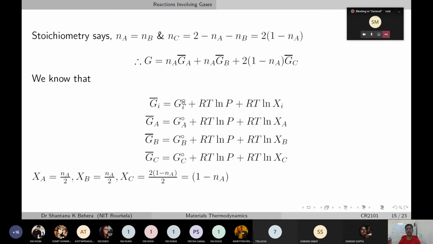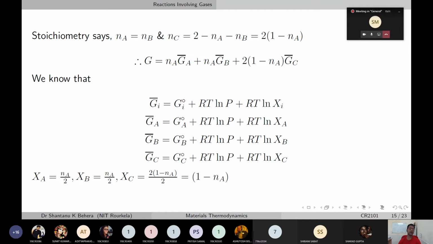Gi bar is Gi0, which is the standard unmixed state, plus the mixture term, RT ln pi. Here Gi0 plus RT ln small pi, that's the formula, and small pi is nothing but the total pressure times the mole fraction, RT ln Xi. This is in a generic form, and we expand the same thing for A, B, and C. They're going to look like this.